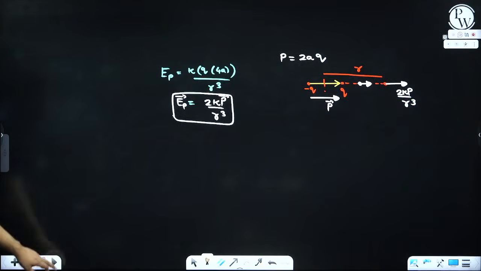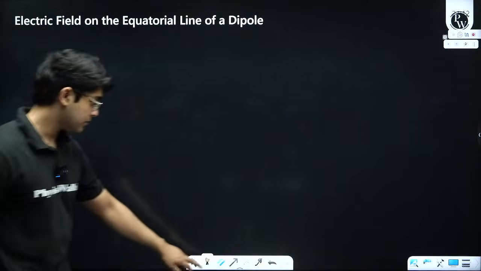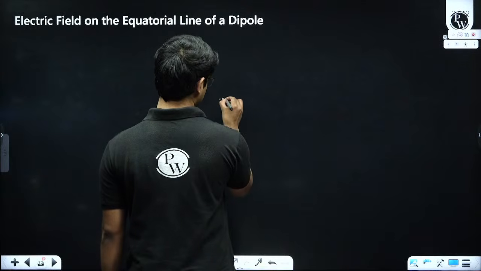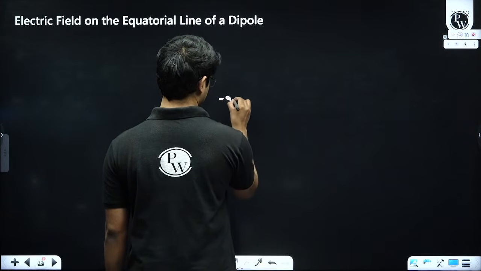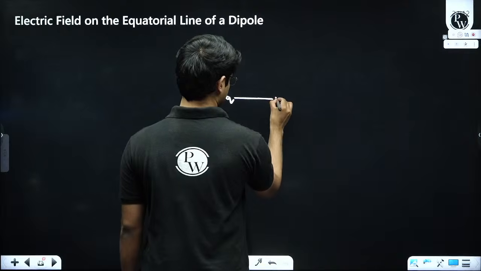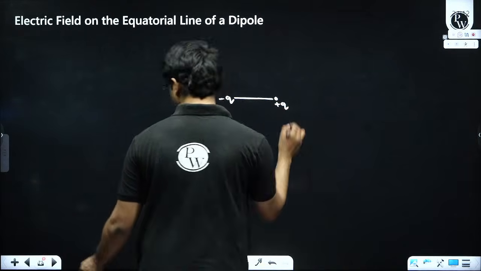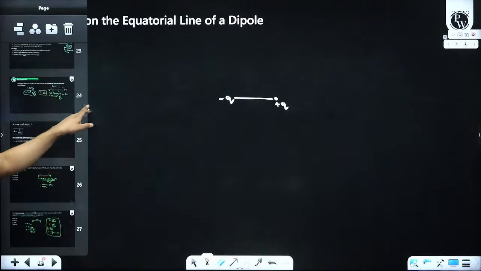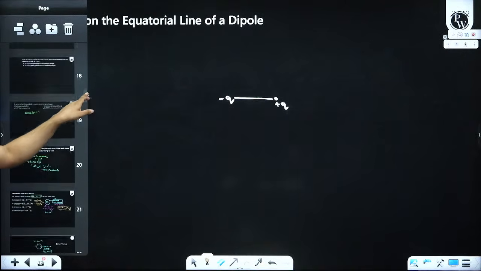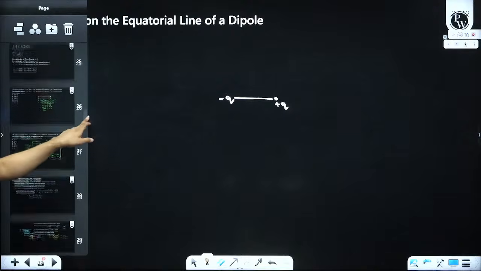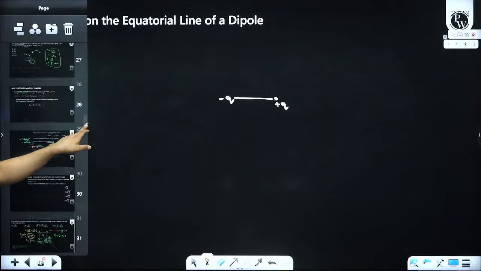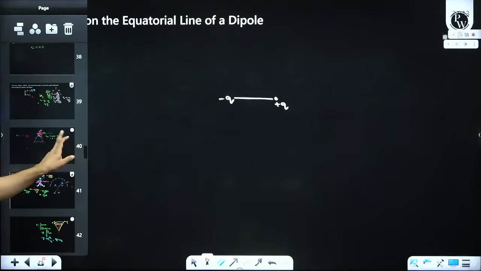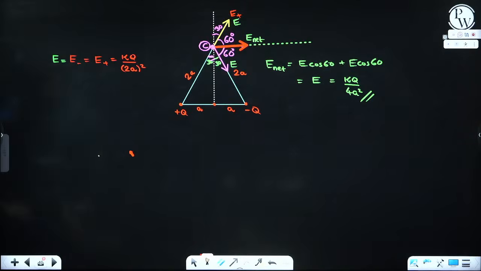Now what is left is the equatorial line. We can quickly do it now. Actually, we already did it in a way, in the old question we did. Yeah, this question.